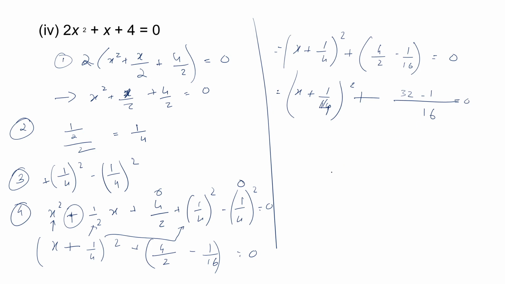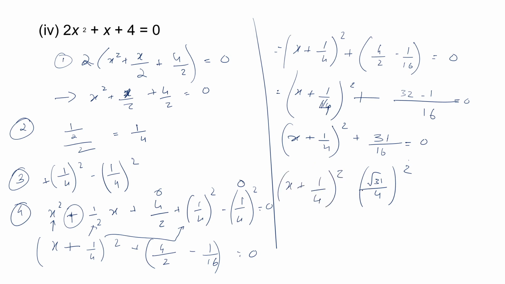So x plus 1 by 4 whole square plus 31 by 16. If I am writing in square, it will be root 31 by 4 whole square. Expand that and see. Root 31 into root 31, 31. 4 into 4, 16. This is done.